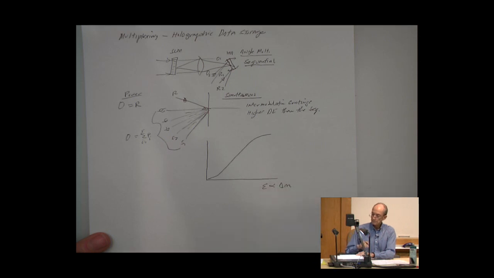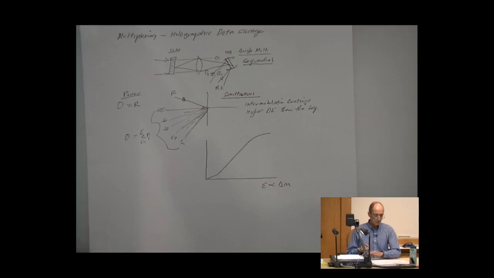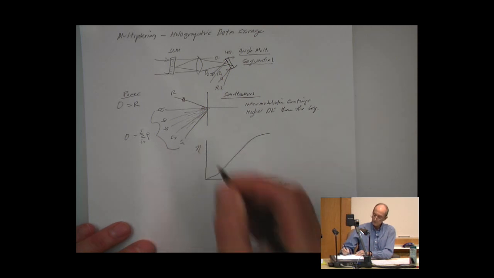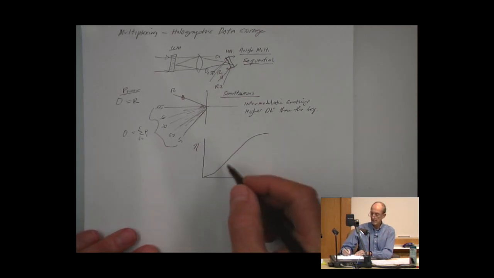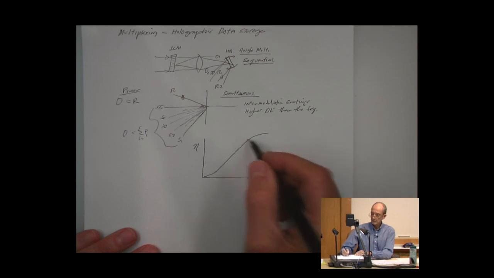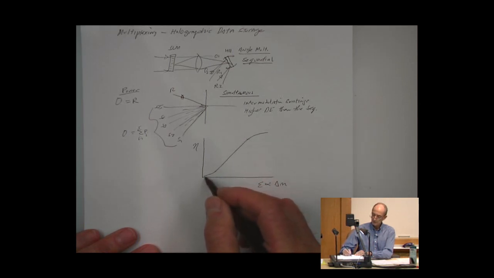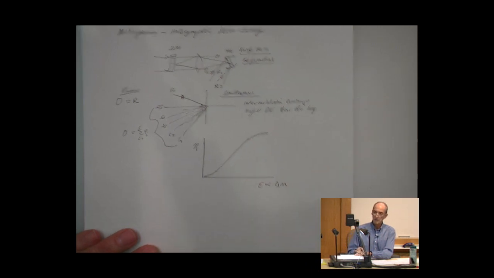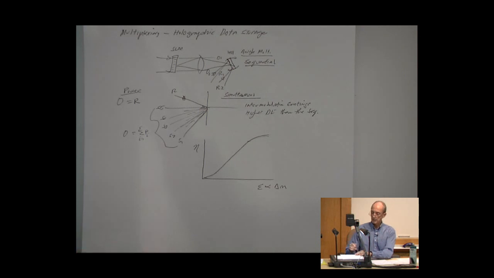If we're doing a phase grating, which we will be by and large, you're going to end up with a response characteristic which will translate into an efficiency characteristic that has a linear range and a nonlinear range at very low exposures, and another saturation region up here at very high exposures.